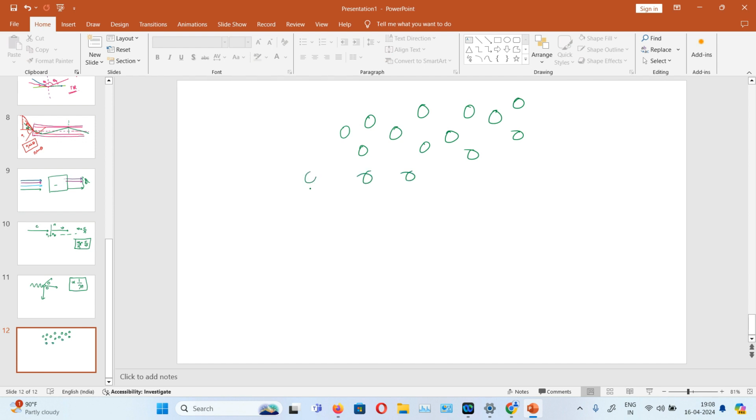This is the atmosphere. When light comes this way, most of the light that gets scattered will be in the lower wavelength region, like violet, indigo, blue. These will scatter in all directions.